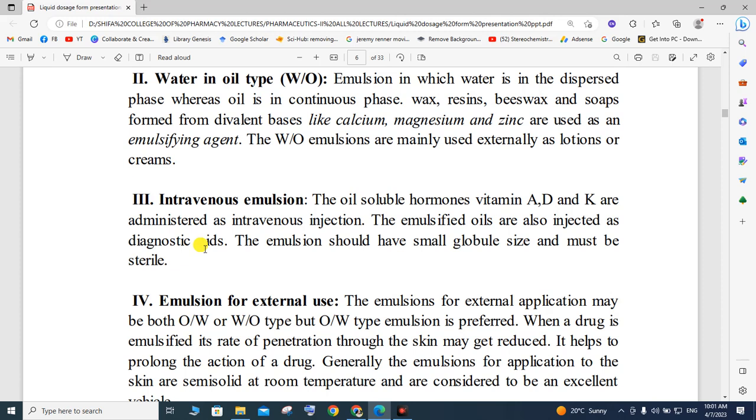So intravenous emulsion is available in the form of oil, the oil soluble hormones like vitamin A, vitamin D, and vitamin K, which can be administered to patients as intravenous injection. The globule size is very small, and it must be sterile and free from microbial growth.